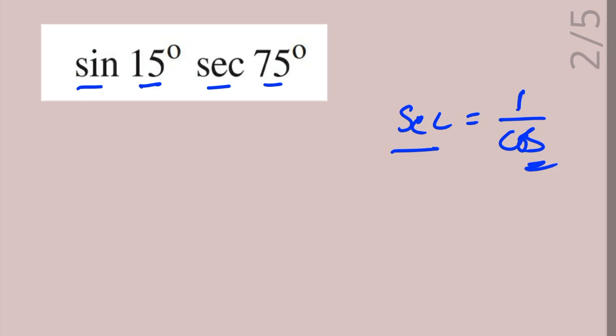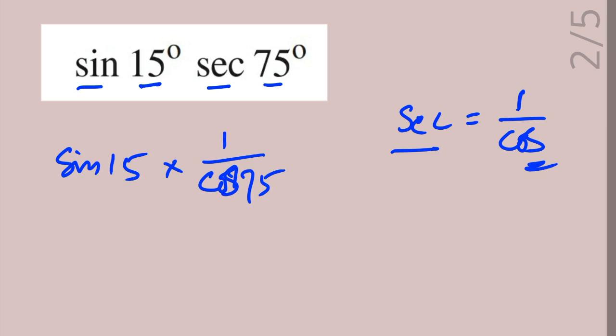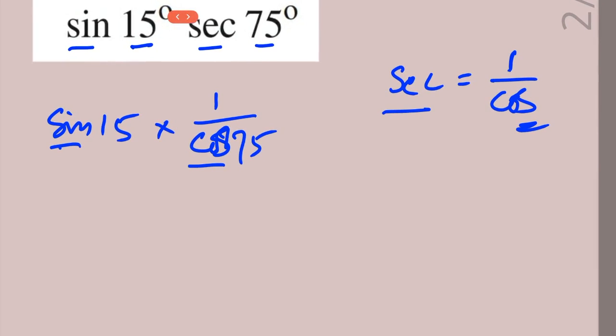So the same thing I'll do here. Sine 15 into secant, in place of secant I'll write 1 by cos 75. Now you see here sine and cos are each other's complementary ratios. So therefore I'll convert one of the ratios into its complement. Sine 15, I can convert.